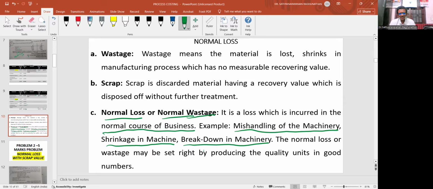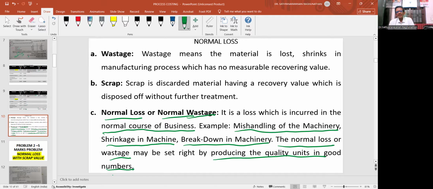That is normal loss. Normal loss or wastage may be set right by producing quality units in good numbers. As a production manager, you have to select efficient labor in your organization, give them proper training, and fix them proper wages.